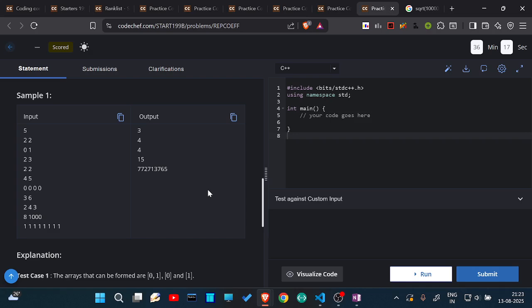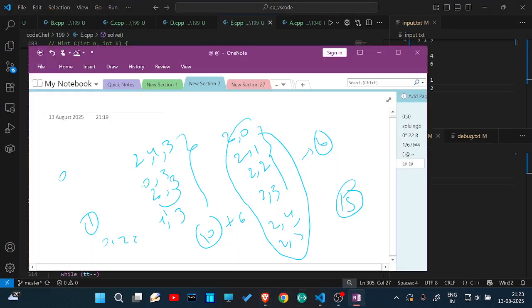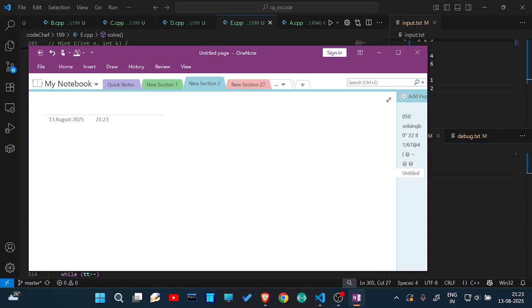Okay, so I got the solution. You have to take the ranges, apply, take the GCD, and check the GCD of K and all the levels in the array.